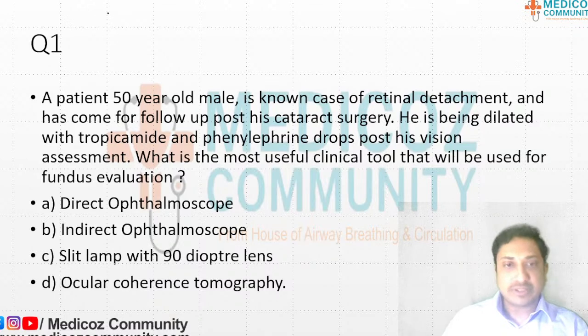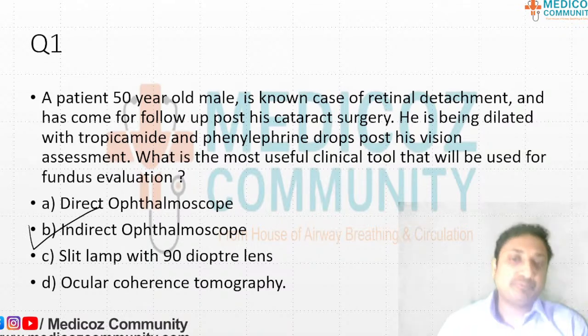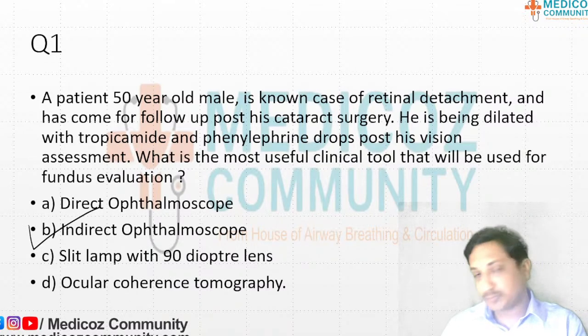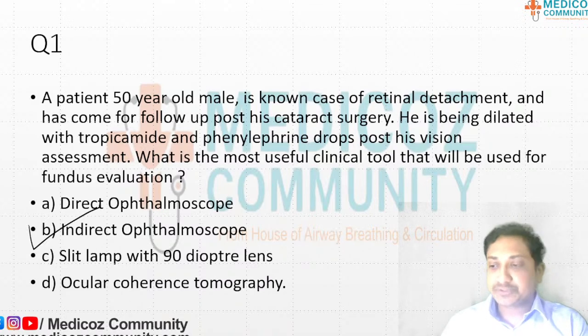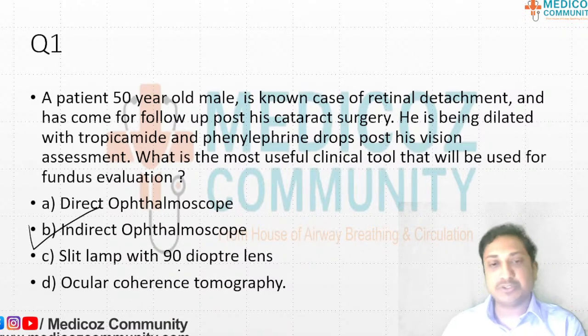So here we know that indirect ophthalmoscope is the answer because it will be giving you the maximum view. All other options like direct ophthalmoscope, slit lamp, and OCT is not an examination tool, it is a confirmation tool, not a clinical tool.